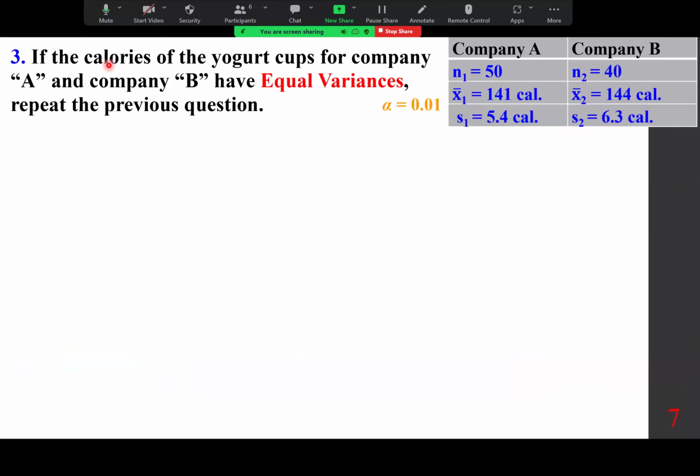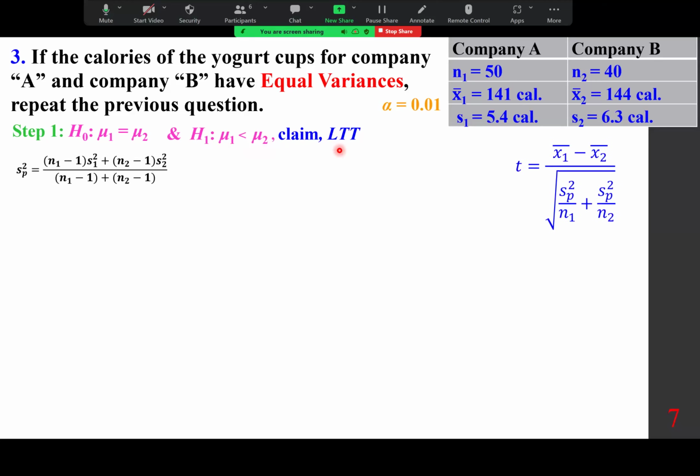Now, same question: if the calories of the yogurt cups for company A and B have equal variances, repeat the previous question. So we're going to do the same question with the same information. Alpha is the same, but this time we are assuming equal variances, and basically it uses a different formula for the test statistic. The first part repeats, identical: H0 mu1 equals mu2, H1 mu1 is less than mu2, claim and left tail test. This is identical to the previous part.